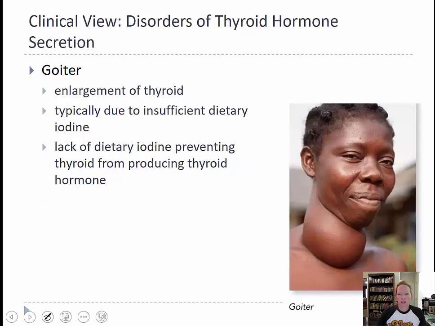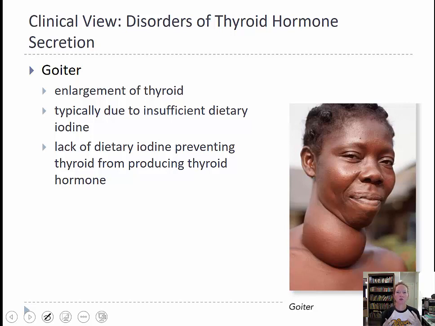So goiter is going to be specifically what happens when there is not enough iodine in the diet. Goiter is going to be where usually the thyroid gland is overworking to try somehow to produce thyroid hormones, but it can't produce it because there's not enough iodine, but it's still really trying hard.